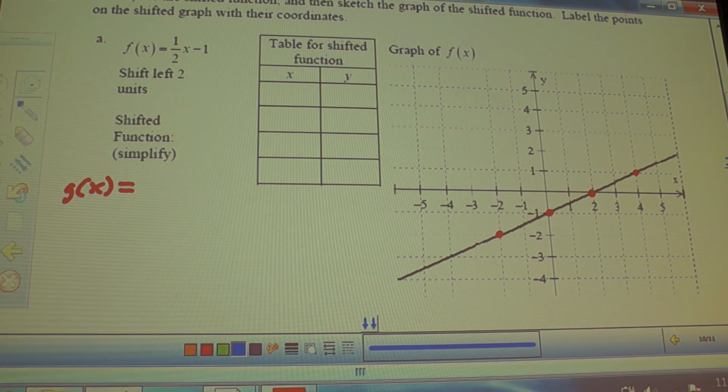There you go. Pink. Blue. Big giant parentheses where the x is.